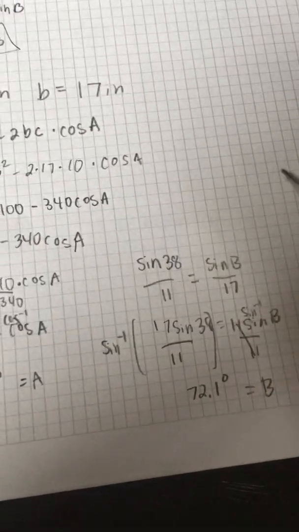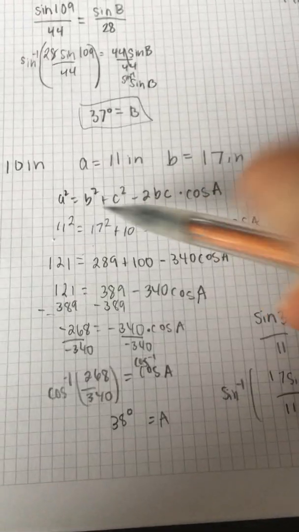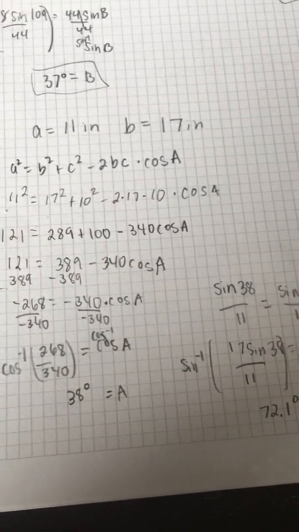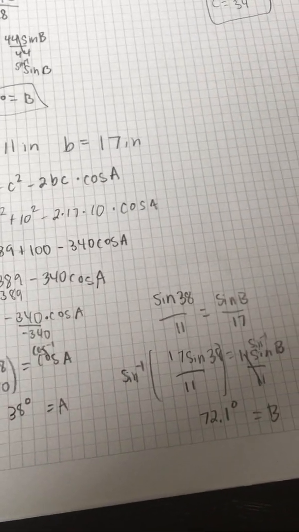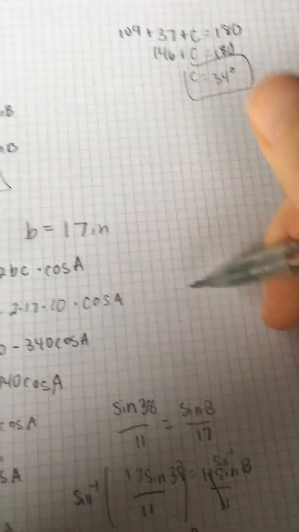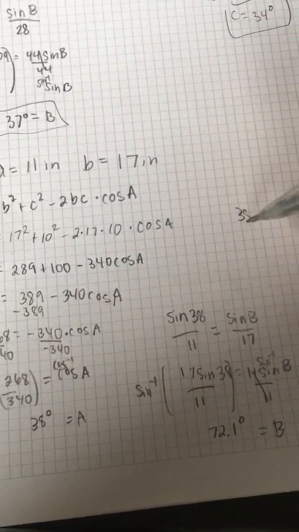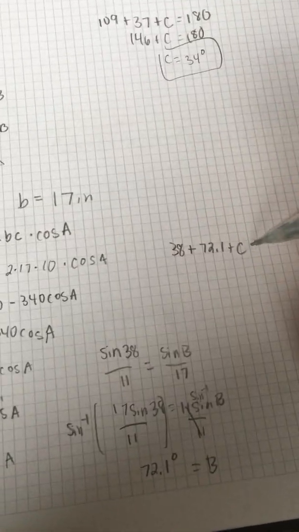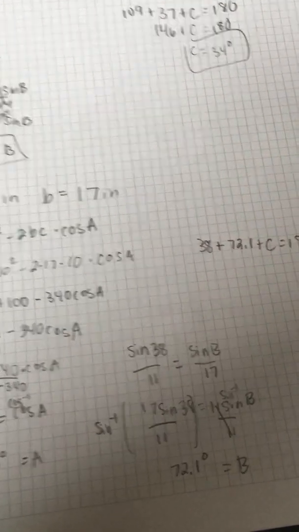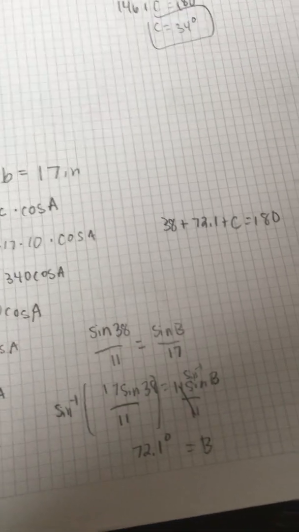Again, I could set up another law of sines or do another law of cosines to find the other angle, but to me it makes sense, like I said before, to find angle C using the fact that the sum of the three angles in a triangle is 180. So I have 38 for angle A, 72.1 for B. I don't know C, and the sum is 180.